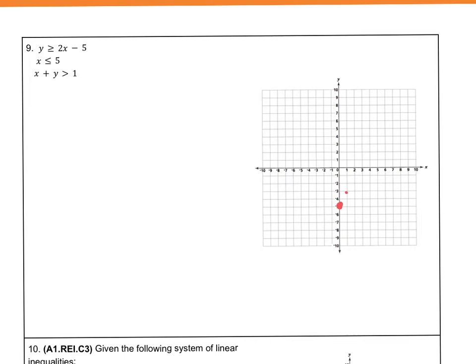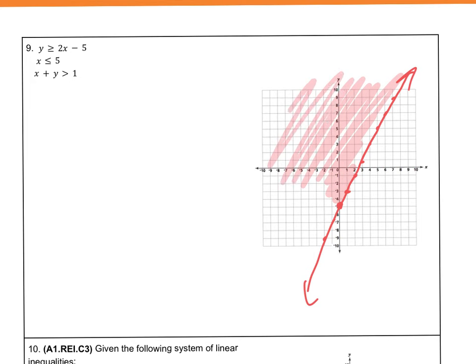Up 2 over 1, up 2 over 1, or down 2 left 1. Is this a dash or a solid line? Solid. Shade above or below? Above, because it's greater than.